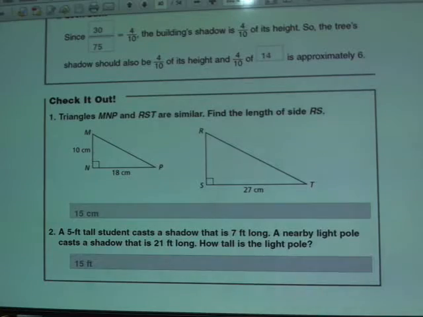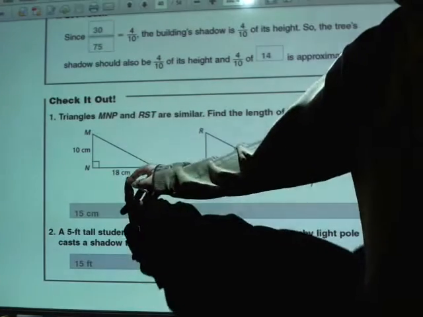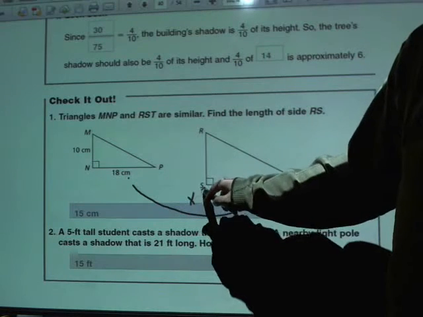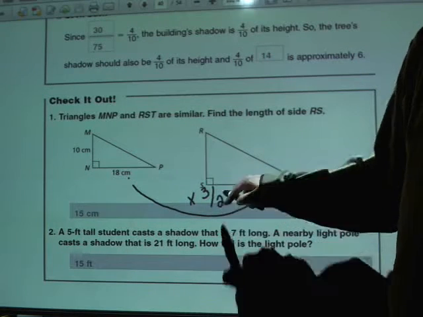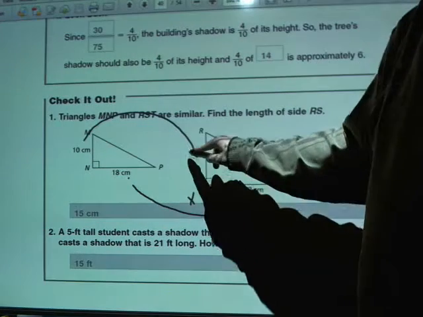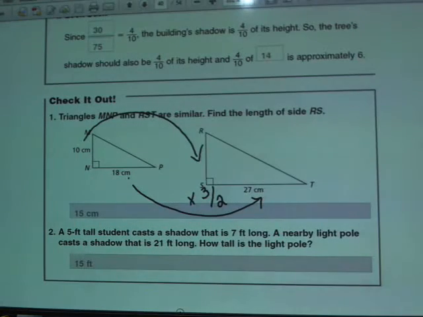Perhaps you don't know 18 to 27, but it's actually not that difficult. To go from 18 to 27, we'd be multiplying by 3 over 2 or 1.5. So the same multiplier is going to have to work here when they're asking me to find the left side. And when I do 10 times 1.5, we get 15, which we know is the answer.